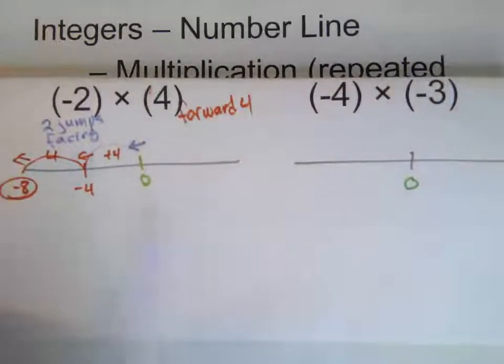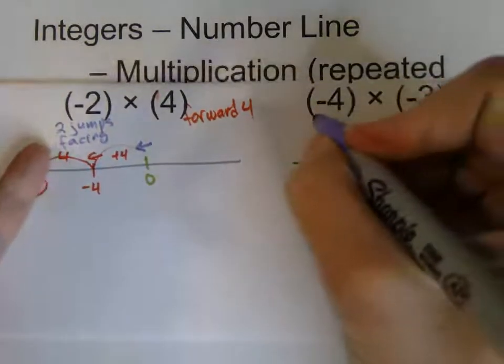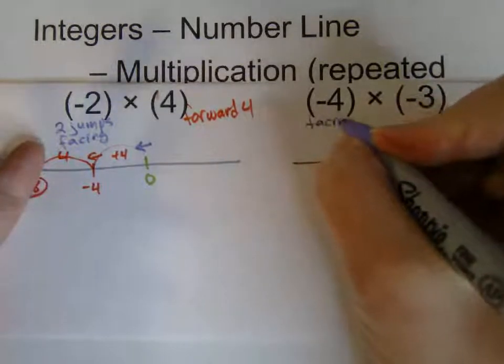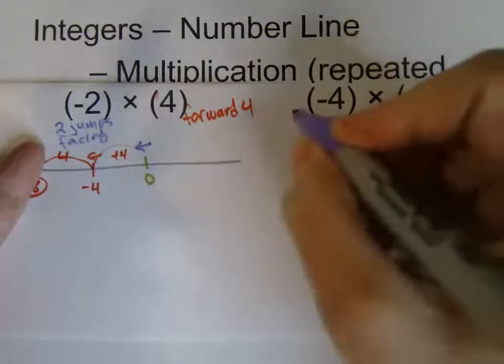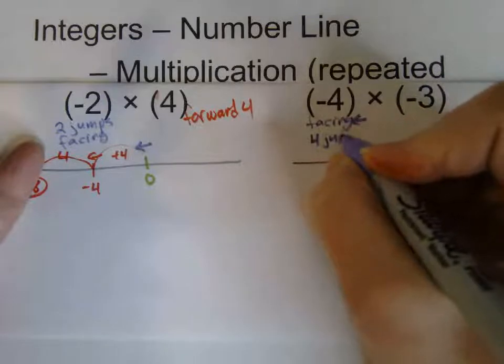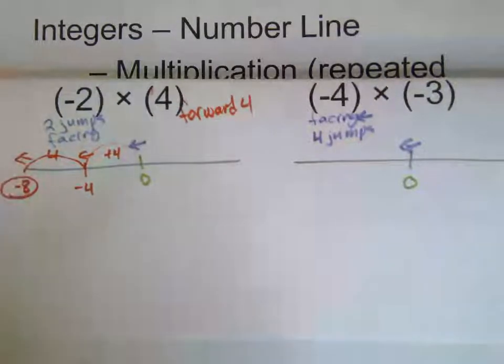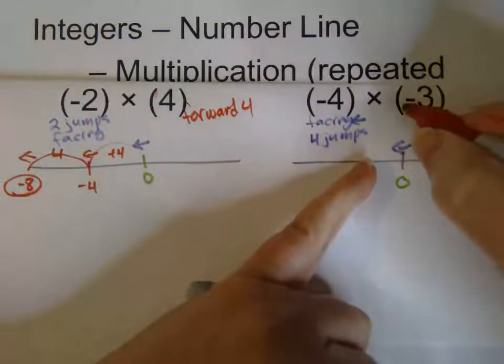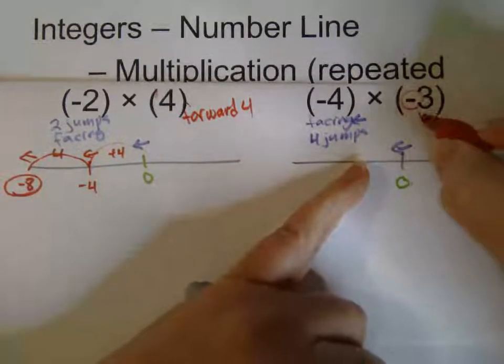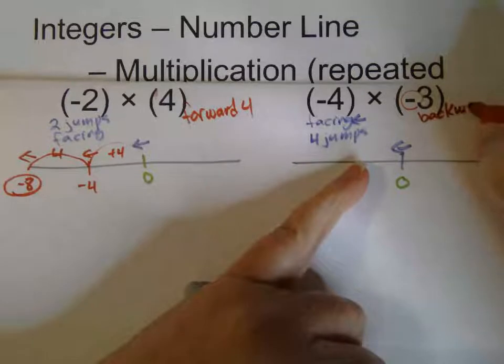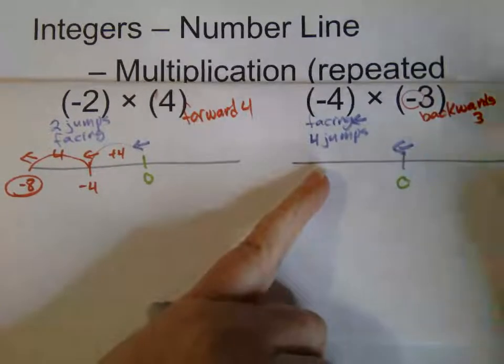And now this one, we'll start at 0. This will be facing the negative direction, and we're going to do 4 jumps. Each of the jumps, because that's negative, will be backwards 3.